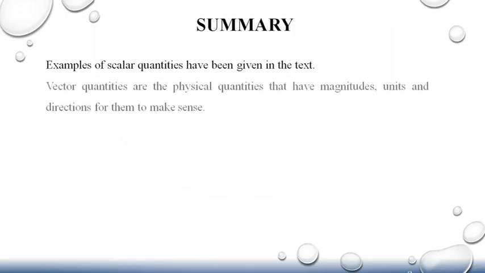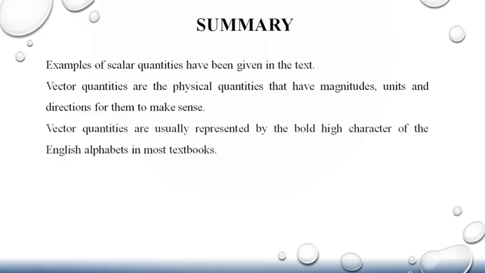Examples of scalar quantities have been given in the text. Vector quantities are the physical quantities that have magnitudes, units, and directions for them to make sense. Vector quantities are usually expressed by the bold capital characters of the English alphabet in most textbooks.